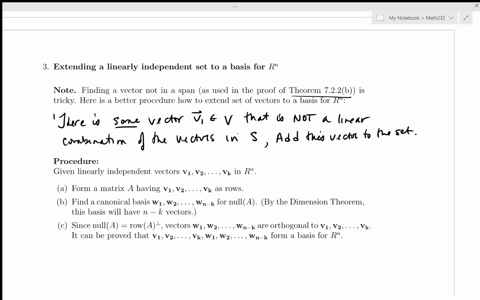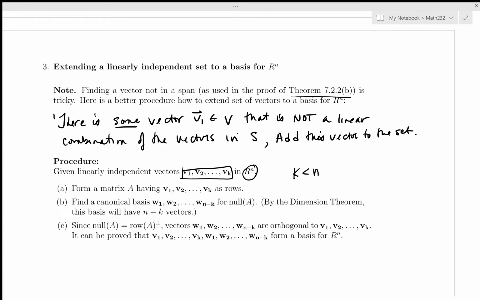We've got some number of vectors, in this case k of them, and we're in Rn, and here we're thinking in this problem that k is less than n. Because if k is equal to n and they're linearly independent, we already have a basis. If k is bigger than n, then we know that we have some dependent vectors, and we should just find out which ones those are and toss them out.